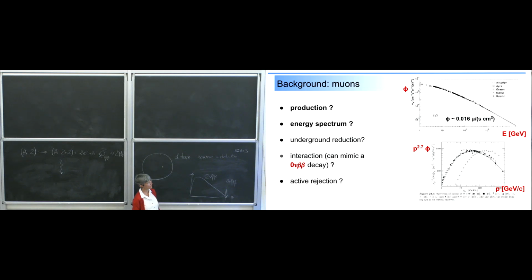Often it is represented not as the flux, but the flux times the energy or the momentum to a power. So I know exactly the flux of cosmic rays at sea level, but especially I know that they are too much for my experiment.